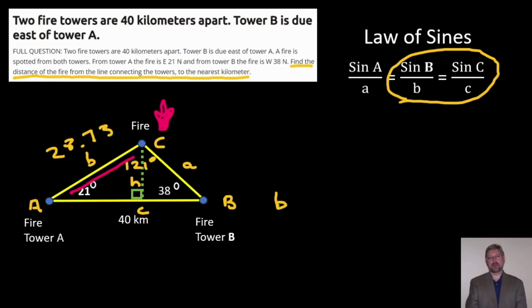Remember, we're using this left triangle and we're looking for the height. So by using the sine function, I know that sine of an angle is going to equal the opposite side over the hypotenuse.